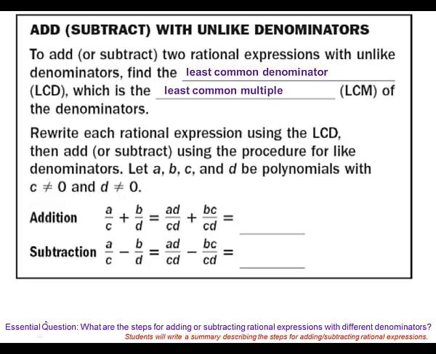Then you rewrite each expression using the LCD, then add or subtract using the procedure for like denominators. Again, A, B, C, and D are going to be polynomials. C and D can't be 0.